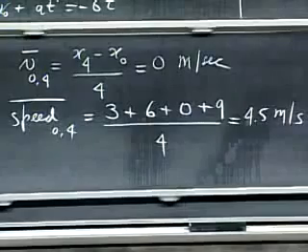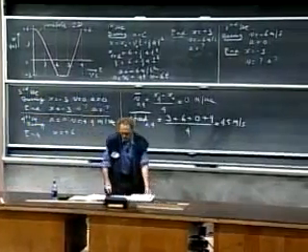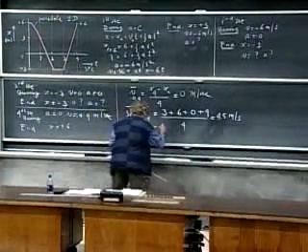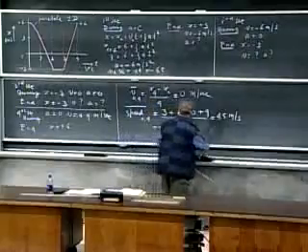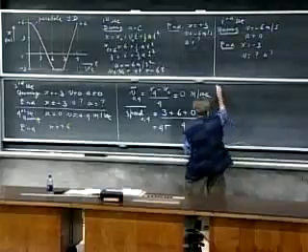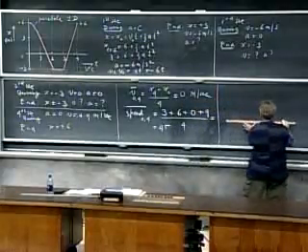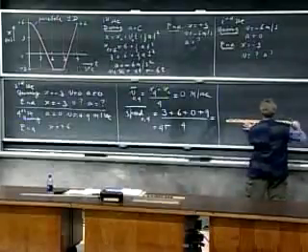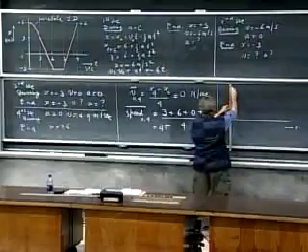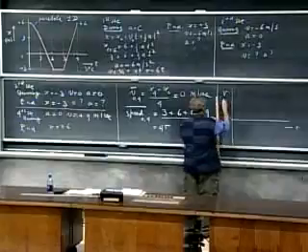We could now make a plot of the velocity as a function of time. Let me put here the 4.5 so that I just have enough room here to make the velocity plot as a function of time. I'll make a new one. This is my time axis. And this is the velocity.